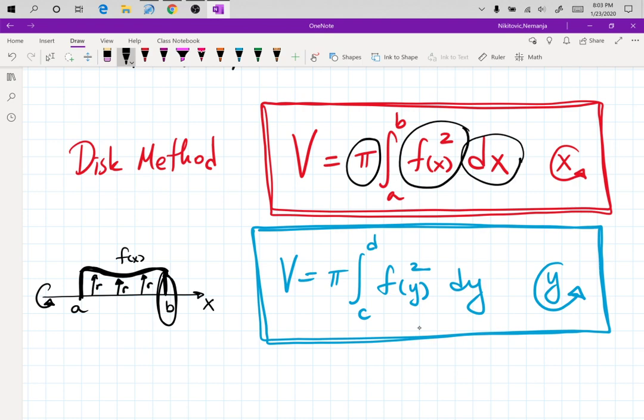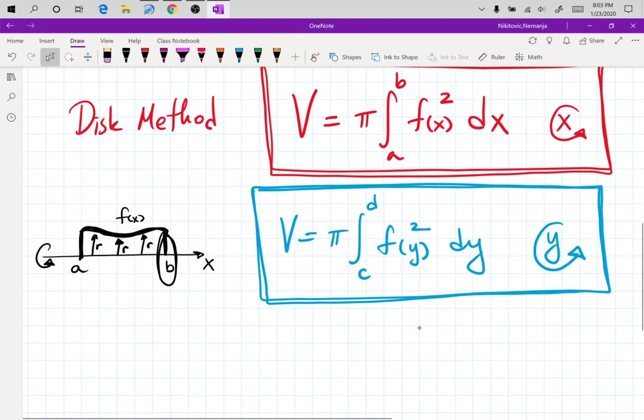It's x, and between b minus a is the length of the object. If you stand this up, it is the height, right? This integral here is nothing but simply pi r squared times the height of the object. That's all this integral is.